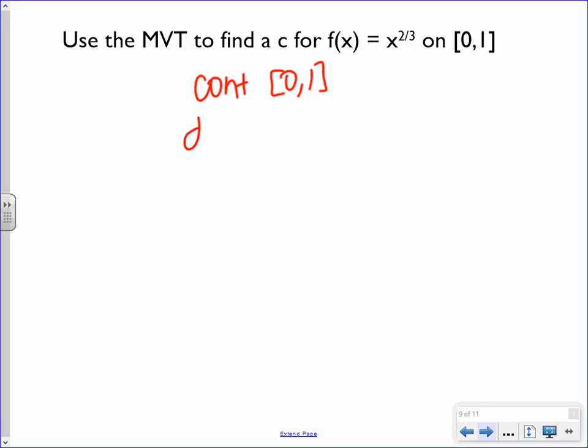Now, we've had a problem kind of like this, correct? Okay. Is f continuous on the closed interval 0 to 1? Is f differentiable on the open interval 0 to 1? Why not, Cole? Okay, so where is the derivative undefined?